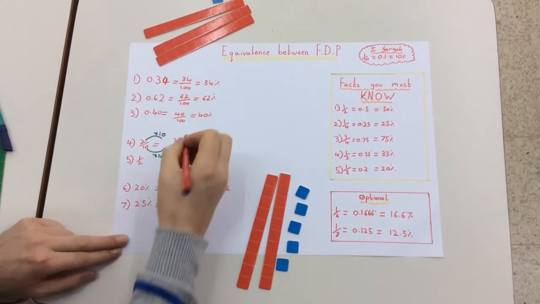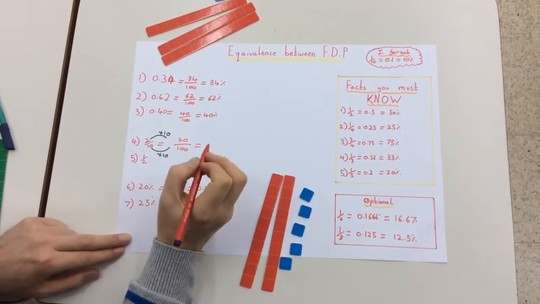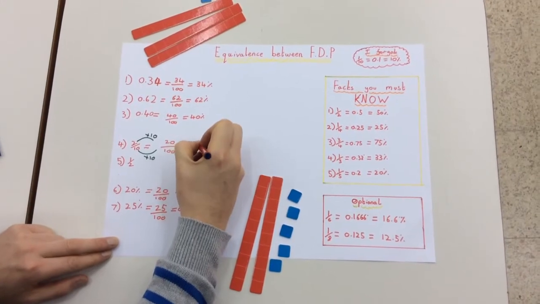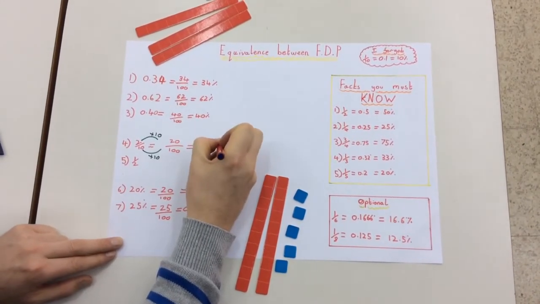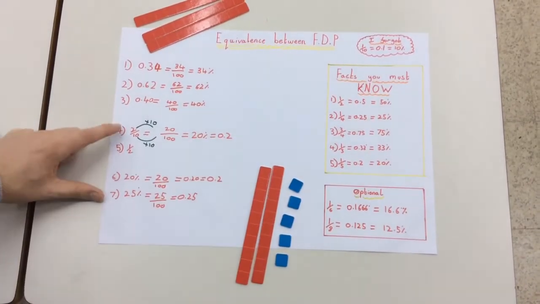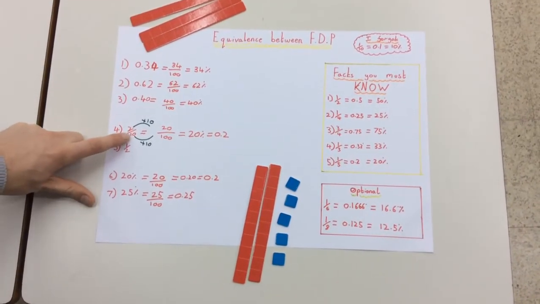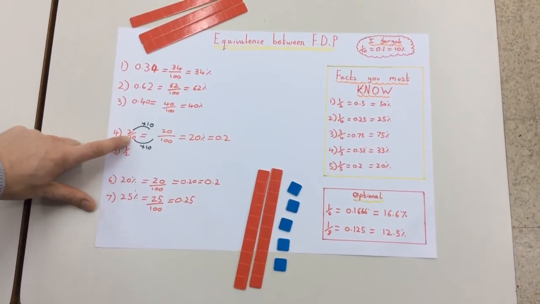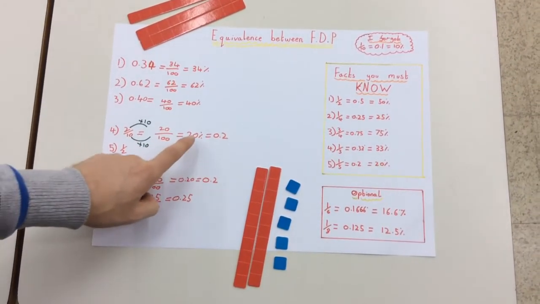So what I can now see is that that is the same as 20%, which is the same as 0.2.